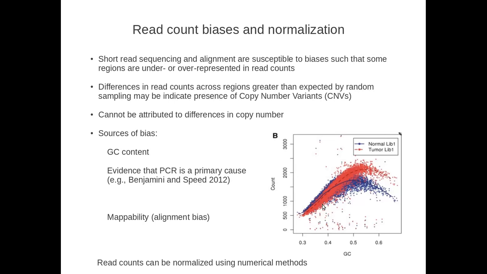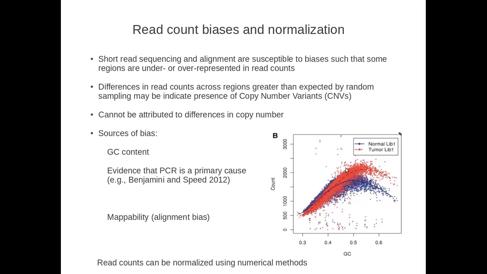The reason for some of these biases, it's now widespread thinking, is primarily a result of a PCR artifact, where PCR works optimally in regions of the genome that have a near neutral GC content.